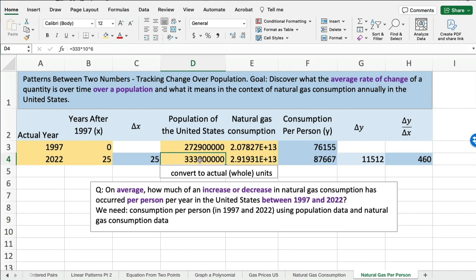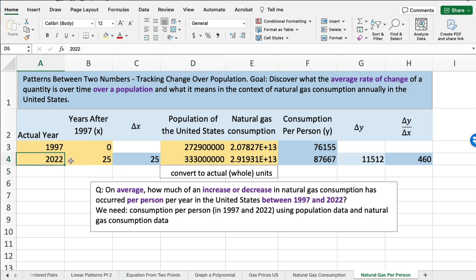But I just wanted to show you that if a number is given to you in millions and it says it's 333 million, you can just multiply by 10 to the 6th, and that will also accomplish the same thing. So in cell D4, we have 333 times 10 to the 6th. That's the approximate population in the United States in 2022.